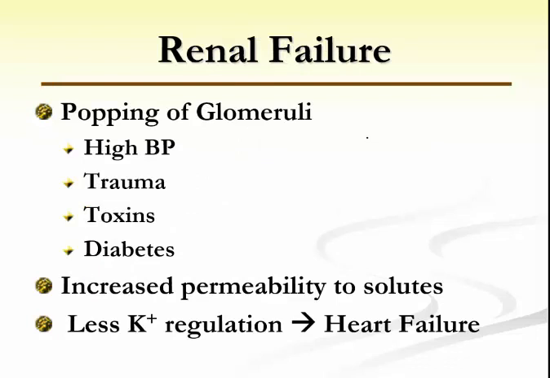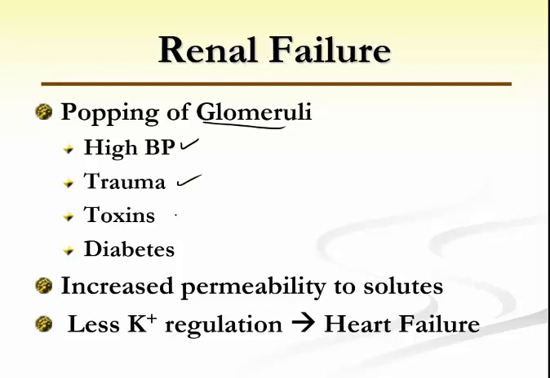And finally, renal failure. Renal failure can result from the actual destruction or popping of the glomeruli. For example, if we have high blood pressure and are not able to homeostatically control it, we'll actually rupture those simple squamous endothelial cells of the capillaries, and then you get an inflammatory condition of the kidney.